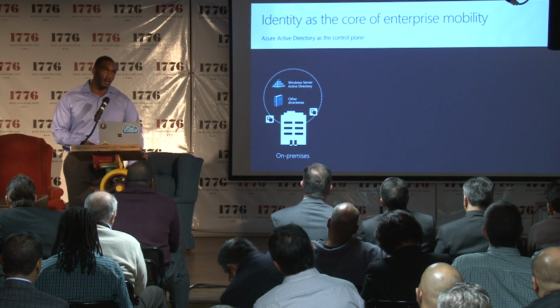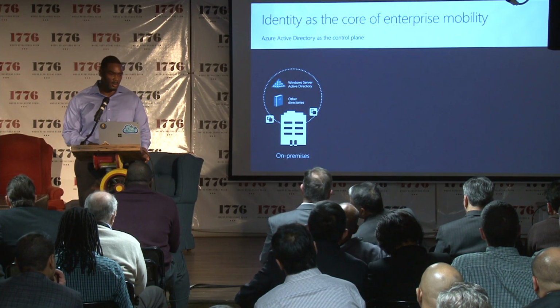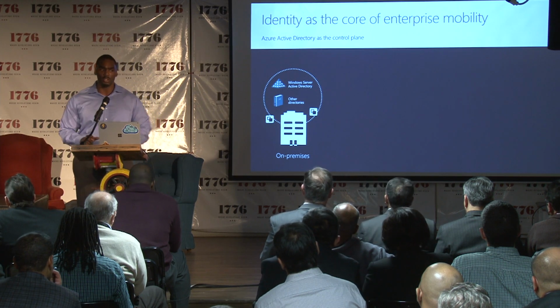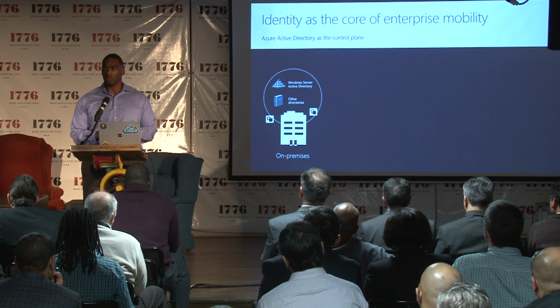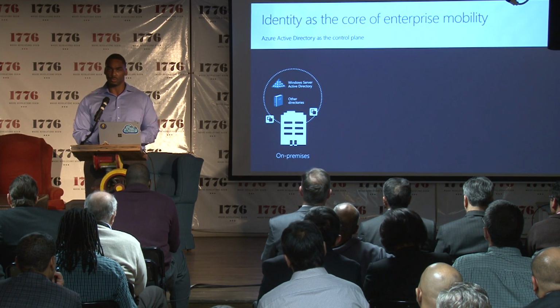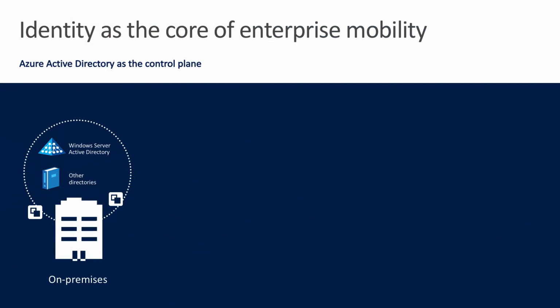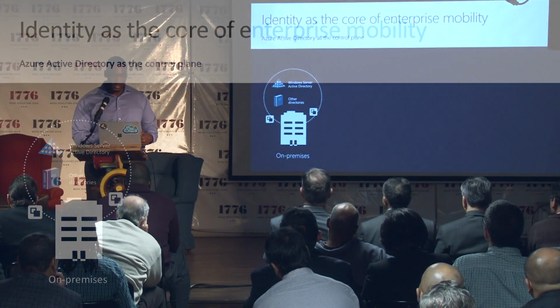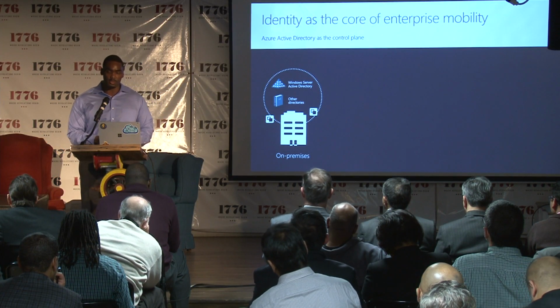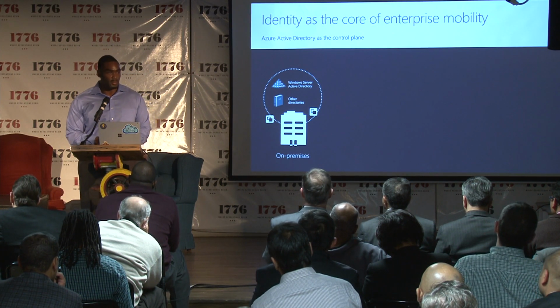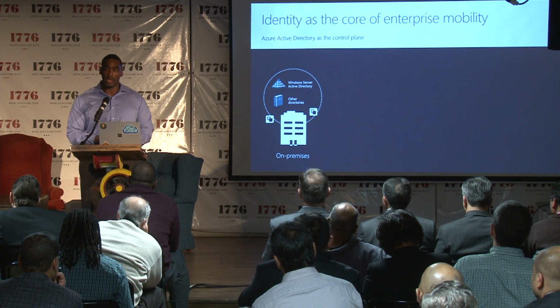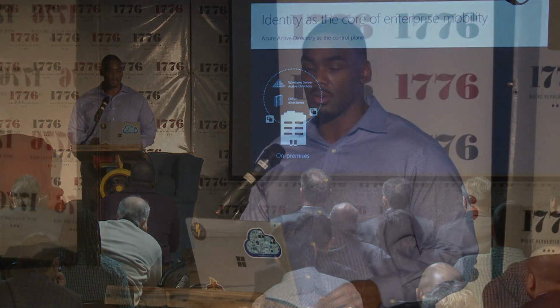One of the biggest things that we've talked about and kind of advertised over the last year and a half is how identity is now the core of your enterprise mobility for your users, or identity is the new control plane. Historically, your environments look like this, where every service that you make available to your users, or let's say the lion's share of it, maybe 95% of it, is hosted on premises, behind your firewalls, behind your networking gear.